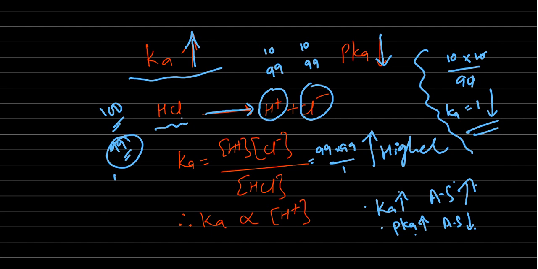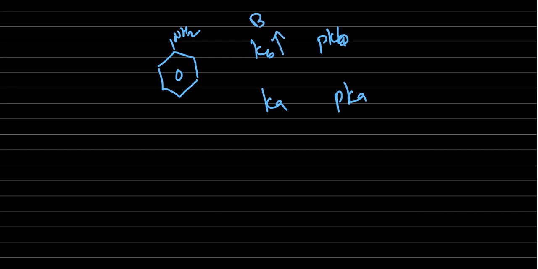Now suppose I am given one compound, NH2, with Kb and pKb, and Ka and pKa. So what is the relation here? If Kb is increasing, basic strength is increasing, right? If pKb is increasing, basic strength is decreasing. For this aniline, it is a base, right?